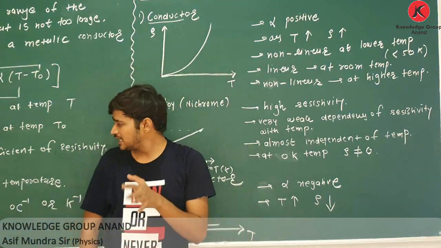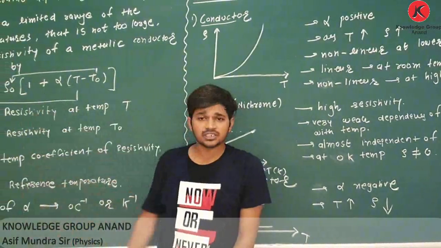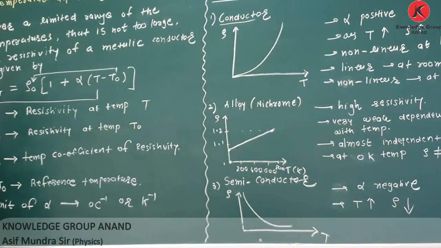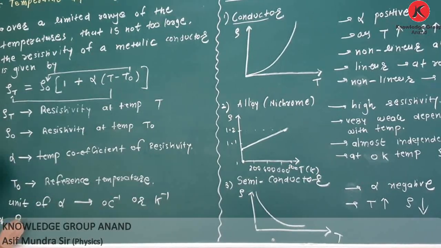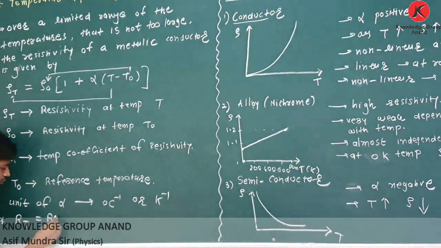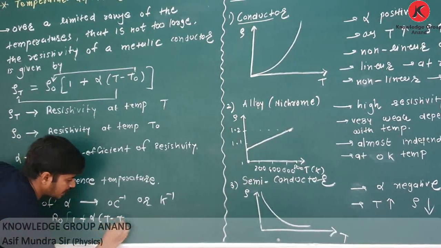Now there is one similar equation, from this resistivity, of resistance. See, what is the equation? I am writing here. R_T is equal to R_0 times 1 plus alpha times (T minus T_0).